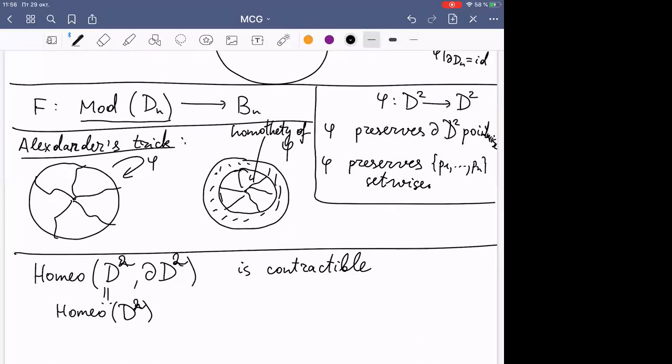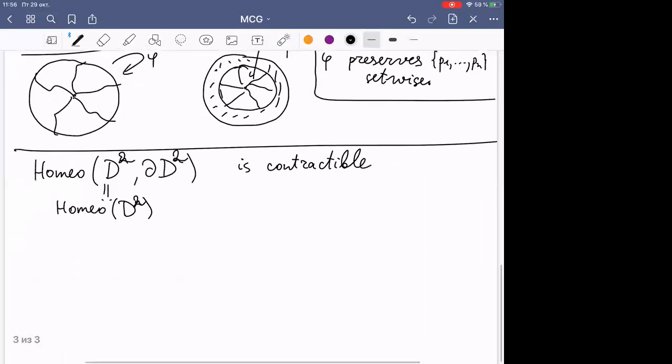Okay, and now how to produce a braid? We have a homeomorphism.